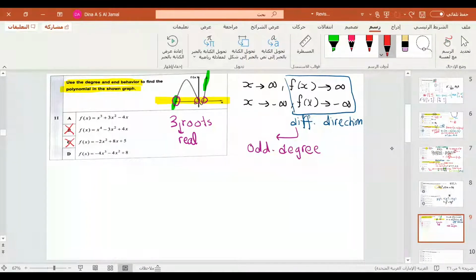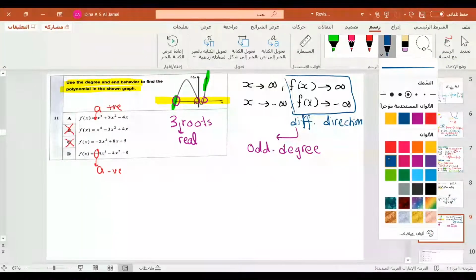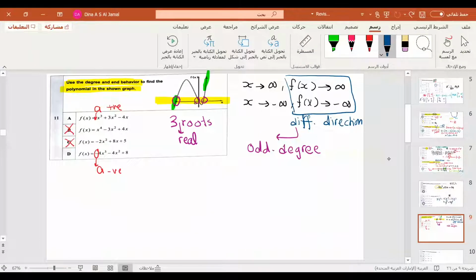But here I'm having A, where the coefficient is positive, and here I'm having the leading coefficient negative. Let's see what is the difference when I have a leading coefficient and what it will affect. So let's give an indication.